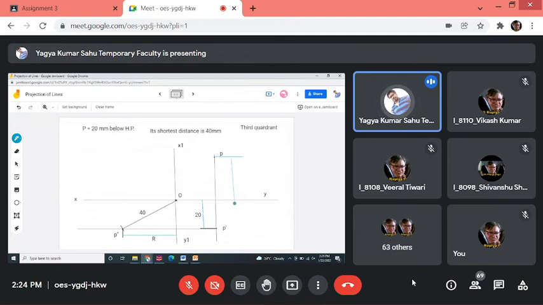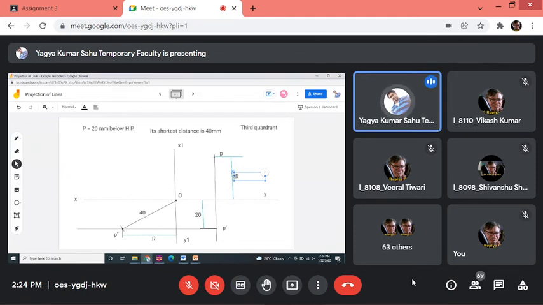So what about this distance? ये कितना होना चाहिए? ये distance कितना होगा? Capital R. Yes or no? Are you getting this one? Yes, sir.